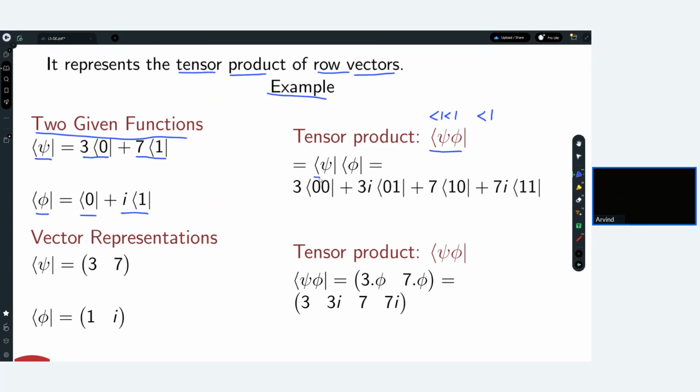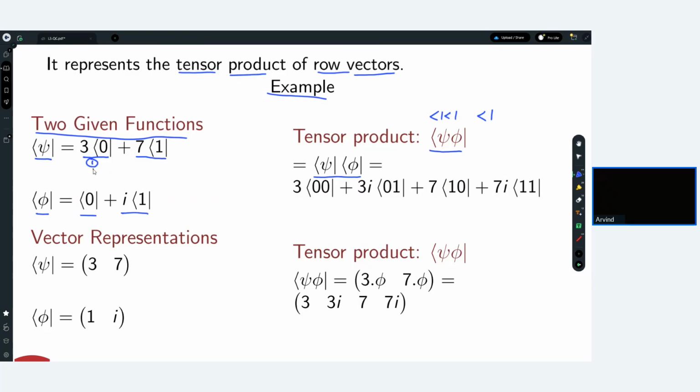This is the way in which we are going to perform the tensor product of these two different functions. Let us take the first term from the first function, and we will multiply this first term with all the terms from the second function.